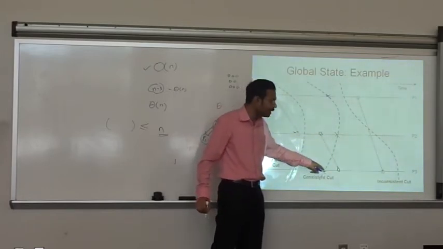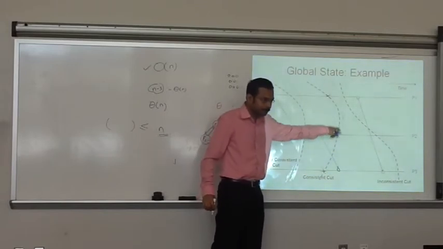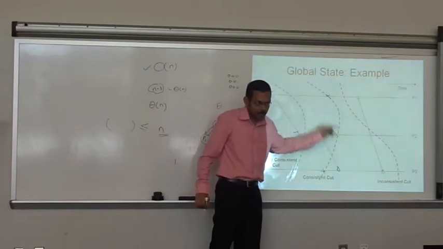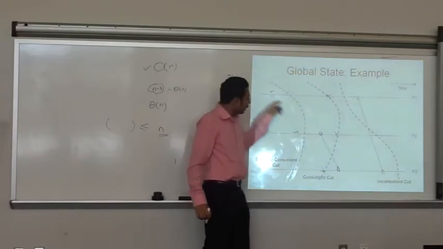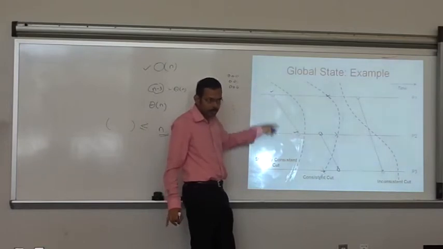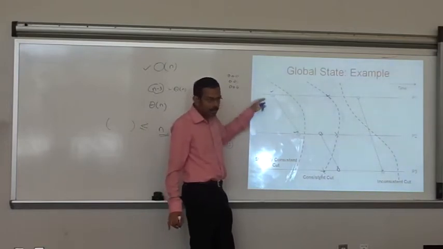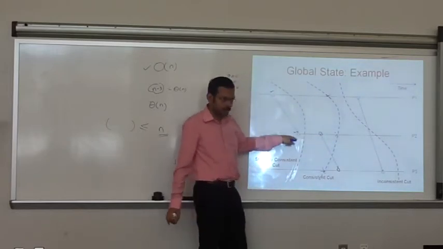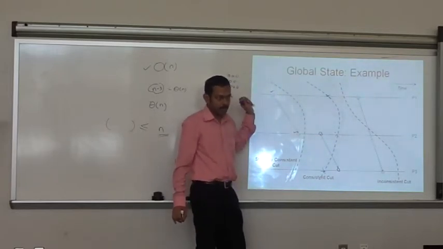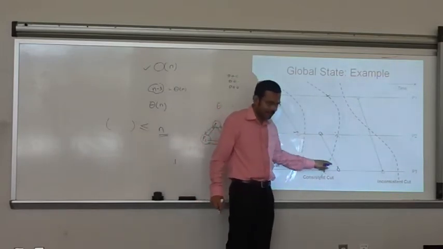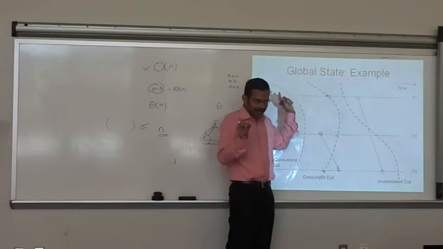So you can say that message is still in transit on the channel from P2 to P3. Whereas this has been sent as well as received. So there's nothing on the channel from P1 to P2. As far as this cut is concerned, it was sent and it was received. So at least one message is in transit in a cut, but everything is consistent.